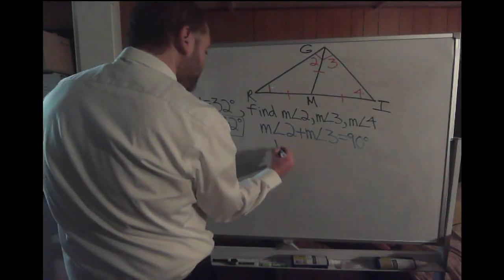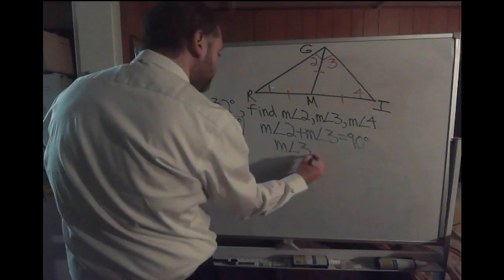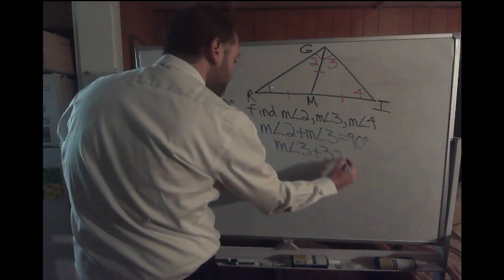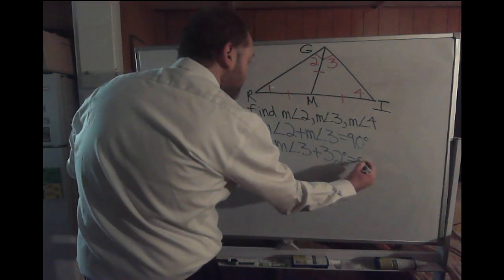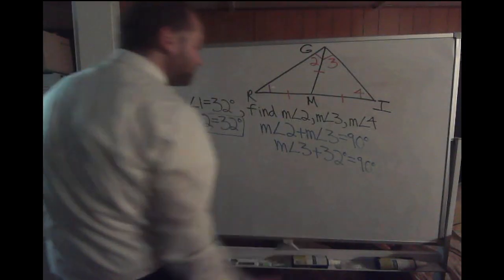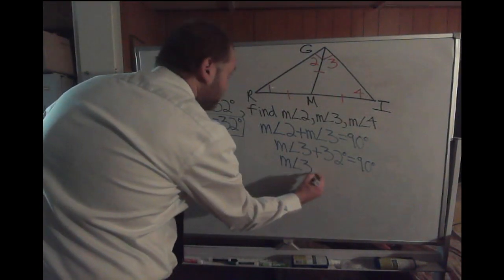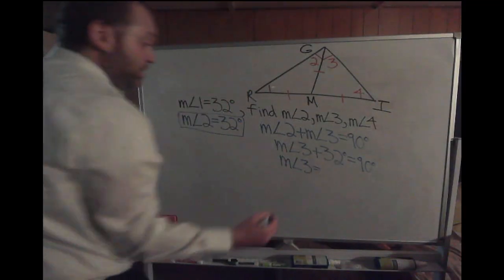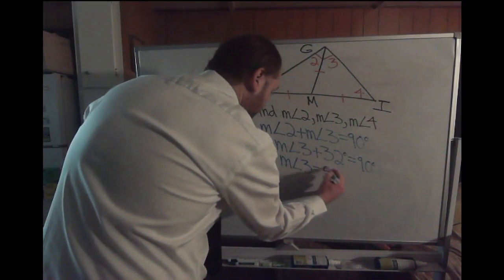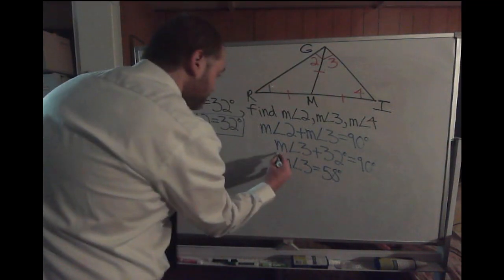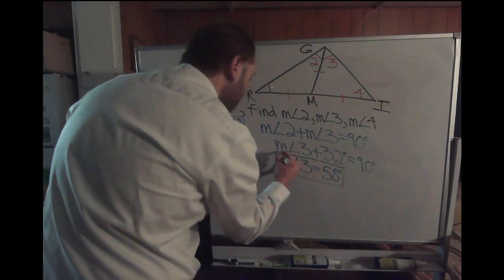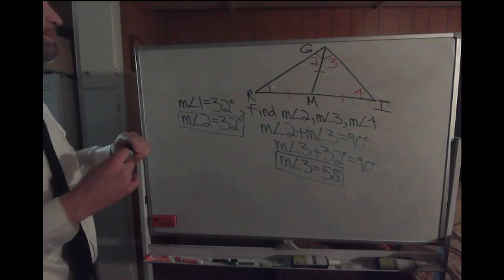Which means then you have the measure of angle 3 plus 32 degrees equals 90 degrees. Which then would have to give you that the measure of angle 3 would end up equaling 58 degrees. So we now have that the measure of angle 3 is 58 degrees.